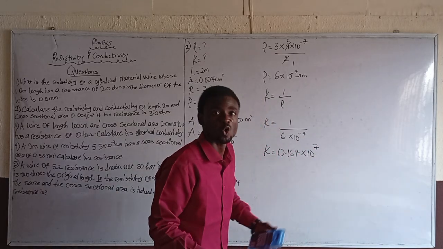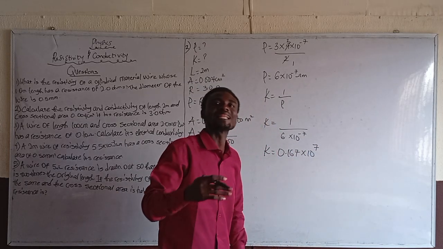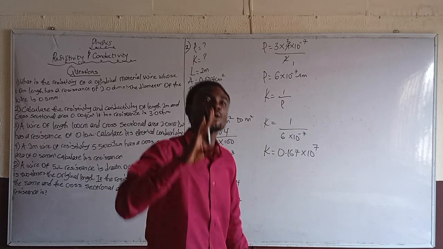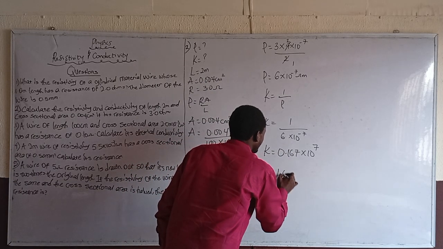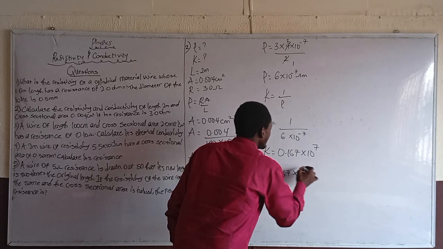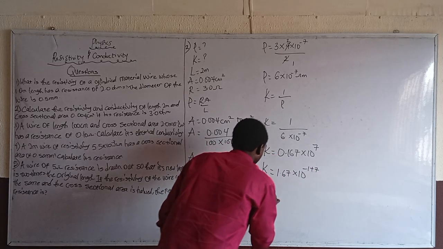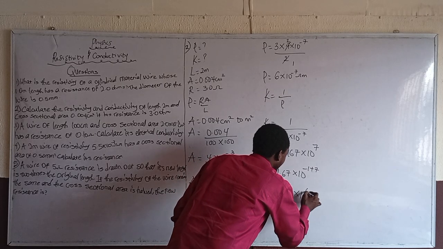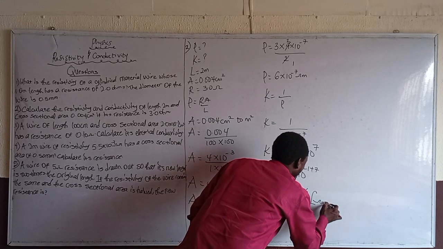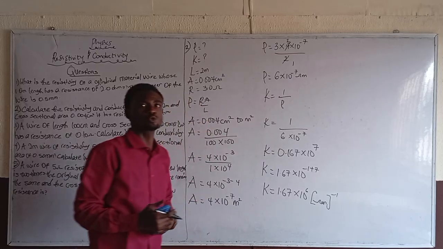A negative power coming up becomes what? Positive. And a positive power coming up becomes what? Negative. So my conductivity here is 1.67 times 10 raised to the power minus 1 plus 7. Conductivity becomes 1.67 times 10 raised to the power 6 per ohms meter. So that is question 2. We move to question 3.